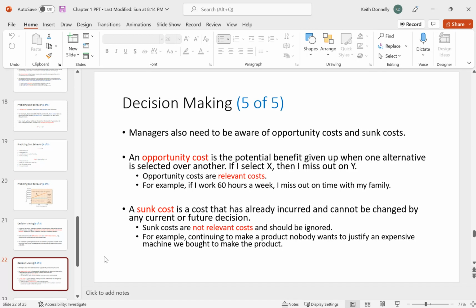So if I select X, then I miss out on Y. It's kind of like, what else could I have been doing? So for example, if I work 60 hours a week, then I miss out on time with my family. So that would be the opportunity cost. It's what else I'm missing out on.